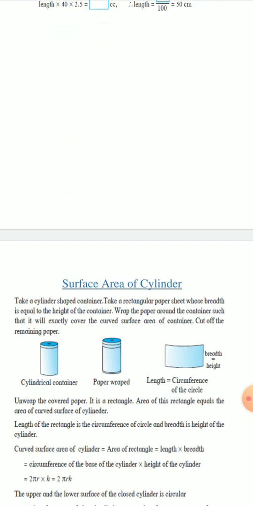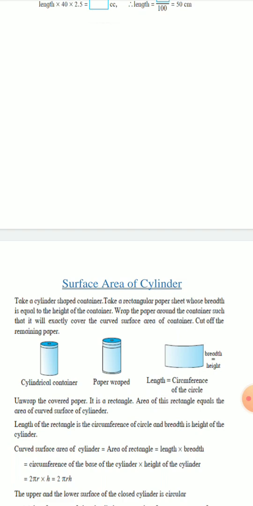These all are cylindrical shaped boxes. Means what? The body is a curved surface, and the upper and lower faces are circular in shape, with a lid. So this geometry is known as a cylinder. You can also see in this figure, cylindrical containers.